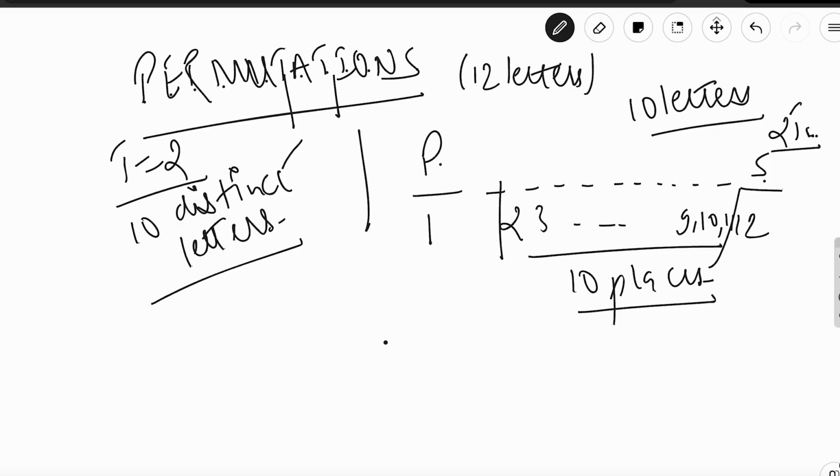So the total number of ways will be 10 factorial divided by 2 factorial. Why? Because PERMUTATIONS has 12 letters. When we fix P and S, we are left with 10 letters out of 12. The number of ways of arranging 10 letters is 10 factorial, but amongst these 10 letters we have 2 T's, so we divide by 2 factorial.